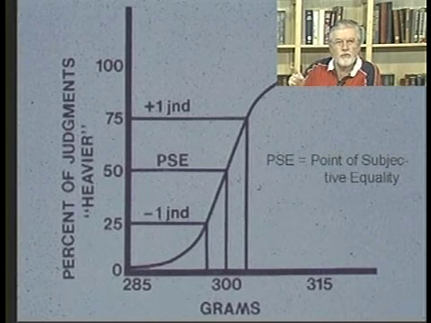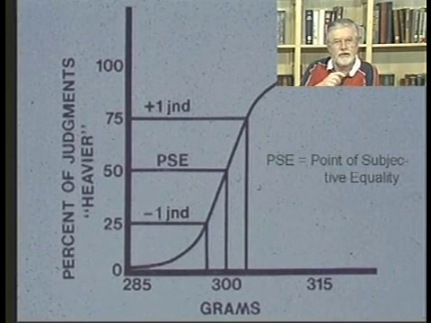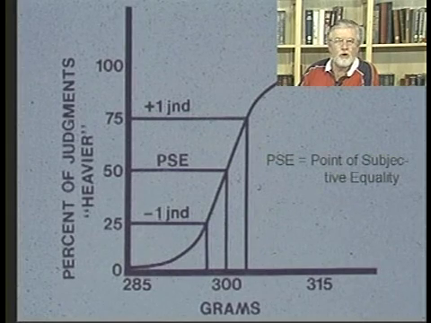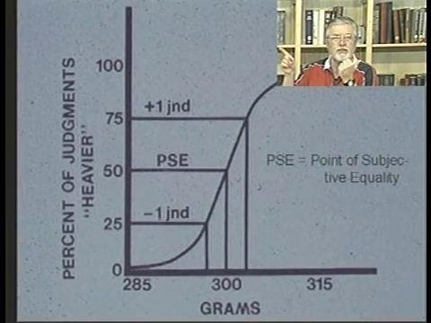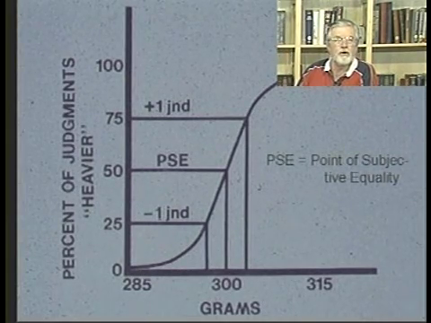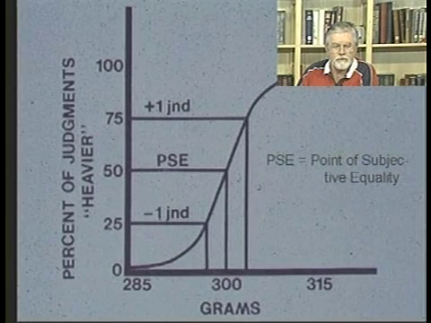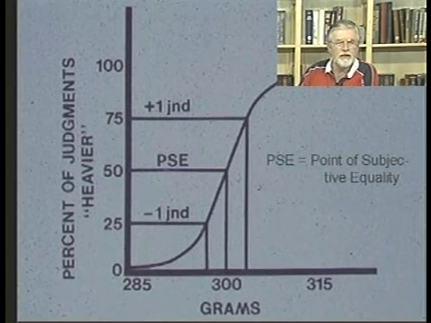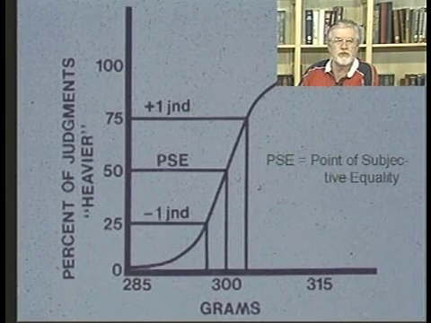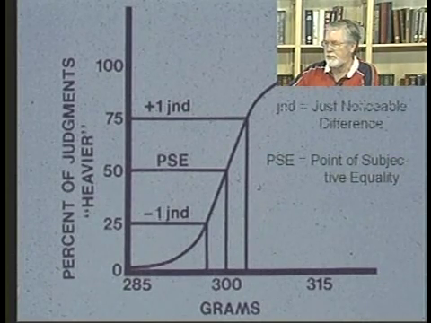If we go all the way either direction, that is either to lighter or to heavier, you will then always judge the comparison weight as being heavier or lighter. So at some point in each direction out the scales, we reach the point of complete certainty. Halfway between total uncertainty and complete certainty represents what is called a just noticeable difference, or JND.